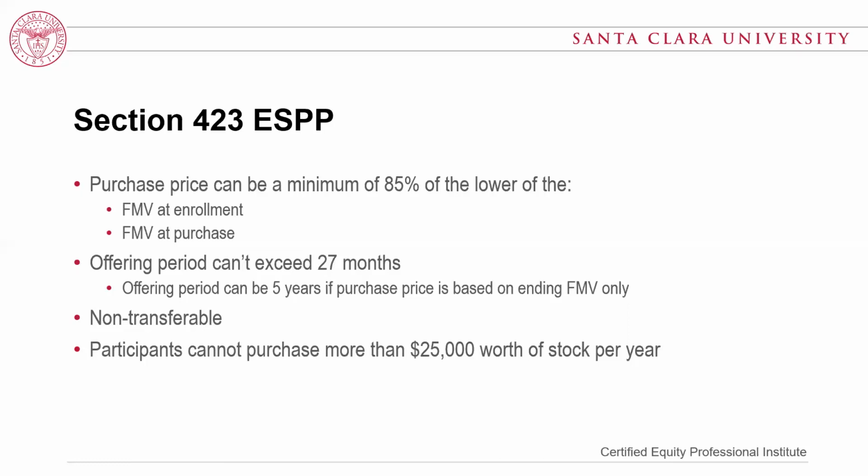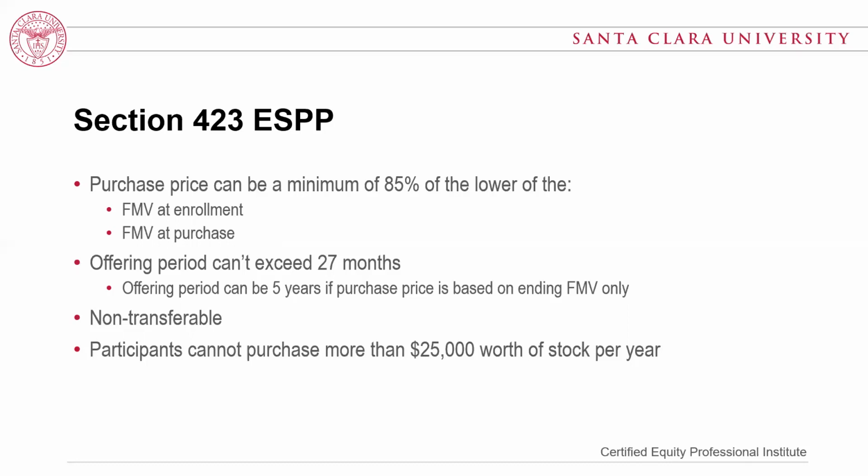An ESPP that's qualified under Section 423 can't have an offering period longer than 27 months unless the purchase price is based solely on the ending FMV, in which case the offering period can be as long as 5 years. ESPPs are non-transferable, and here's one of those similarities to ISOs.